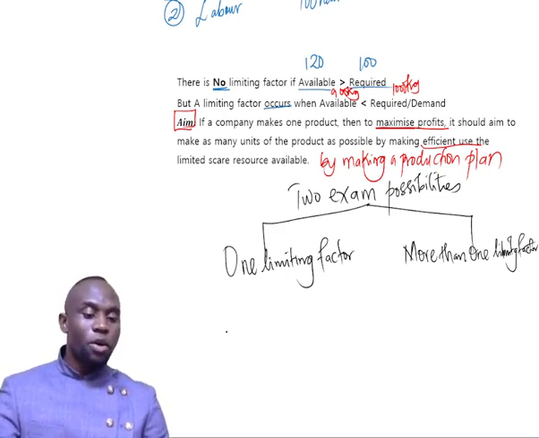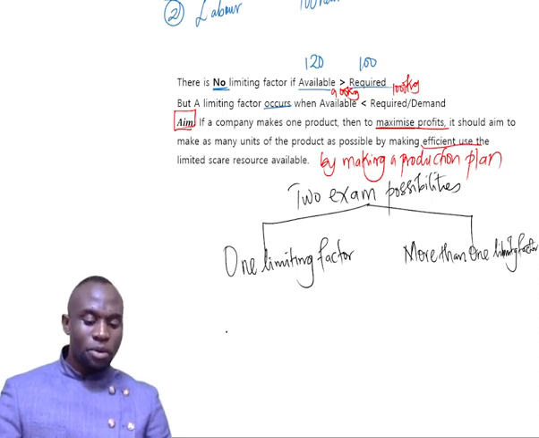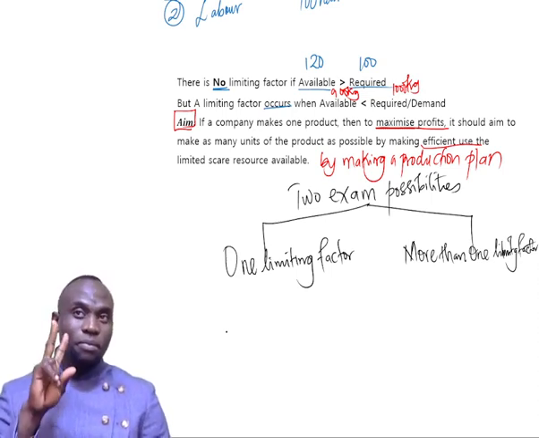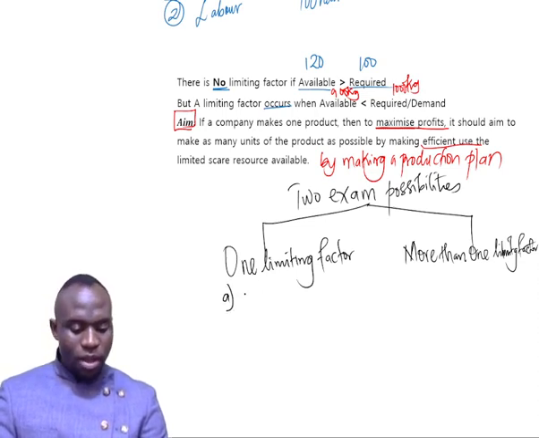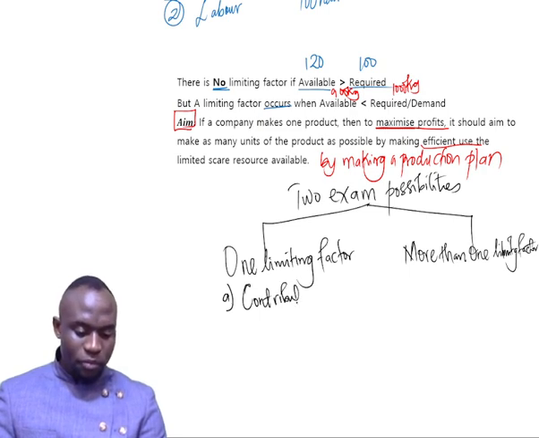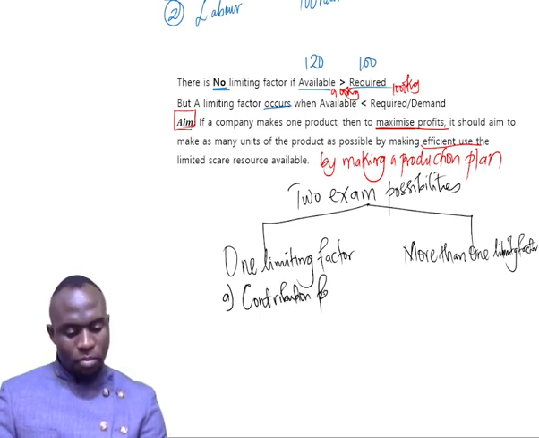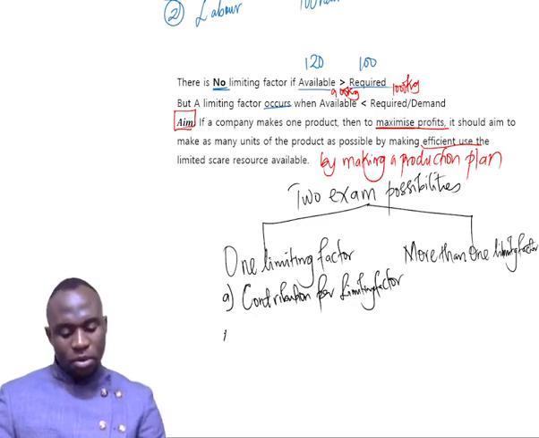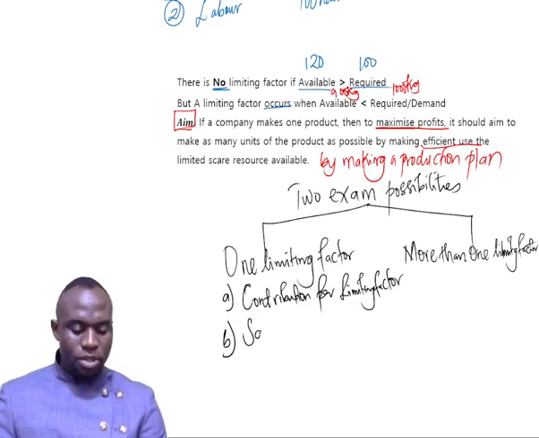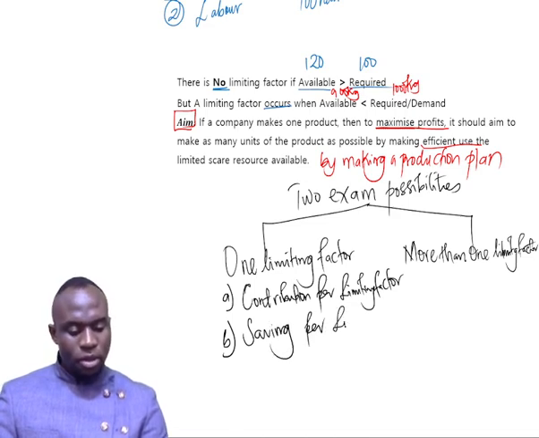And how do we get the optimal production plan? For one limiting factor, there can be two cases, and your aim would be either calculating the contribution per limiting factor, so this is how we get the optimal production plan, or it can be saving per limiting factor.